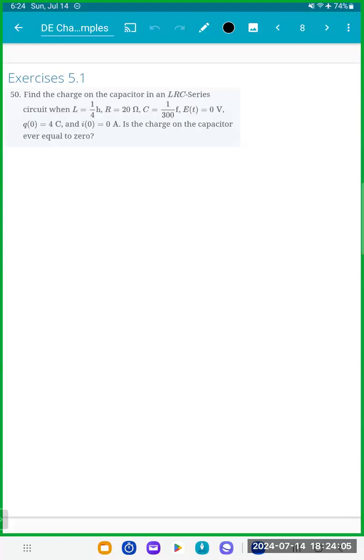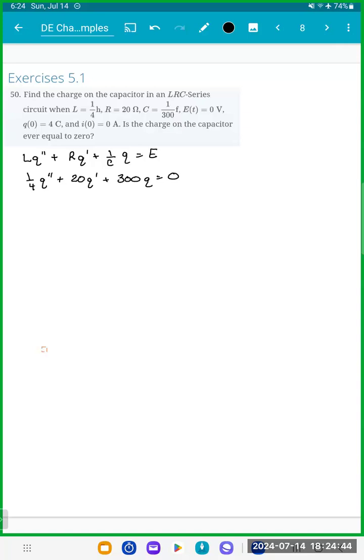Okay, so we have L Q double prime plus R Q prime plus 1 over C Q is equal to E. Plugging in the values that we were given, L is equal to 1/4, R is 20, and C was 1 over 300. So this is 1 over 300, so that really is just 300. And E is equal to 0.